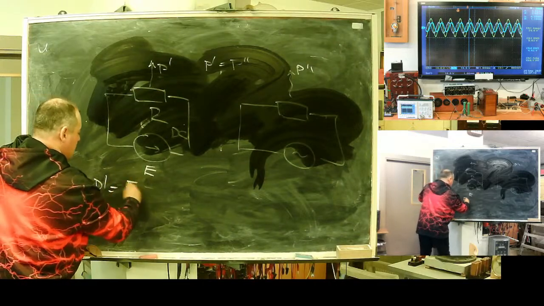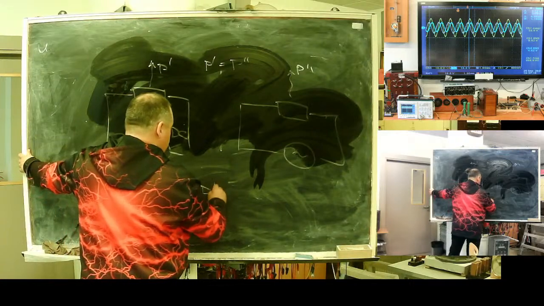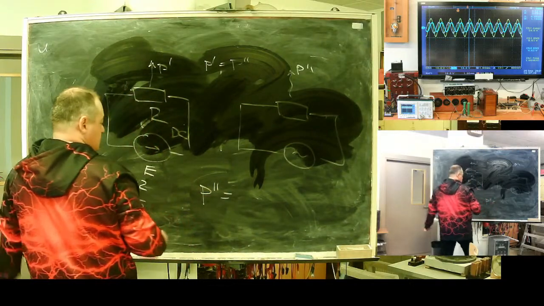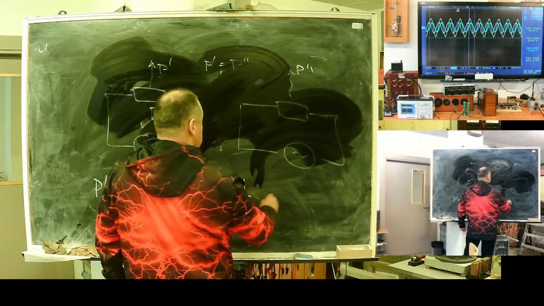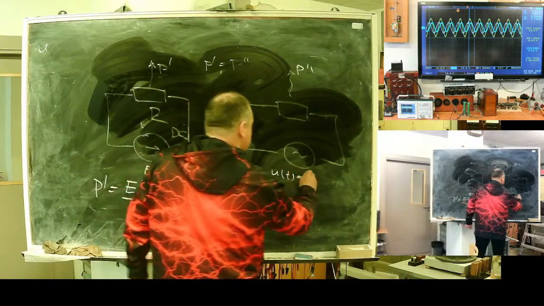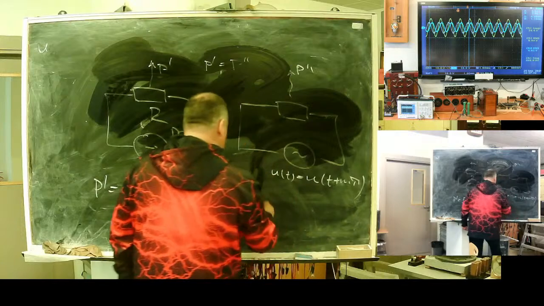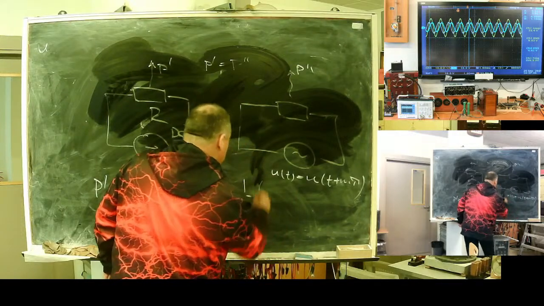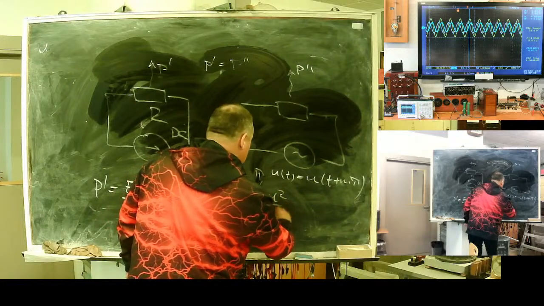P1 is E squared divided by R, and P2 can be written as 1 divided by the period, assuming this thing is periodic, integrating from 0 to the period, u squared divided by R.